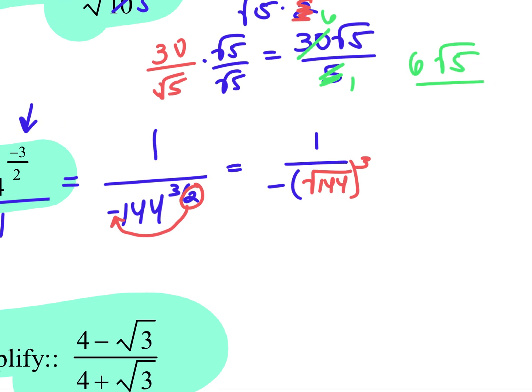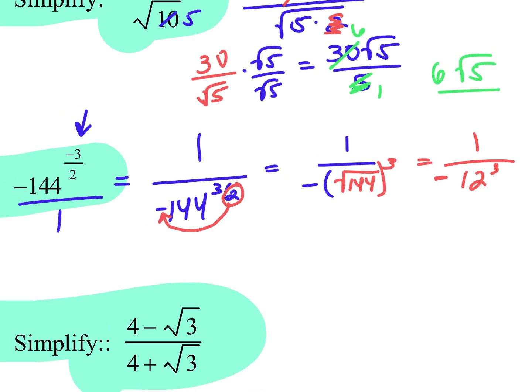All right, so if we simplify this a little more, I have 1 over, what is the square root of 144? And then this is cubed, and it's negative. Don't worry about working that out. You guys are going to have one that big on your quiz. You don't need to do 12 times 12 times 12. You need to understand the concept.